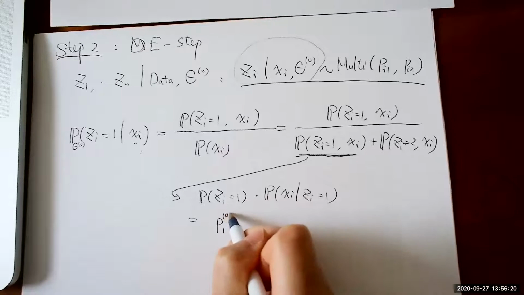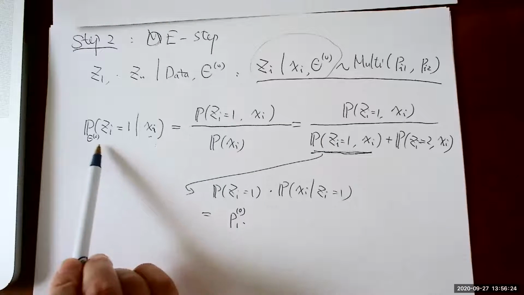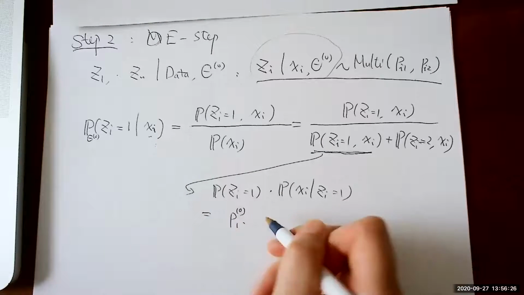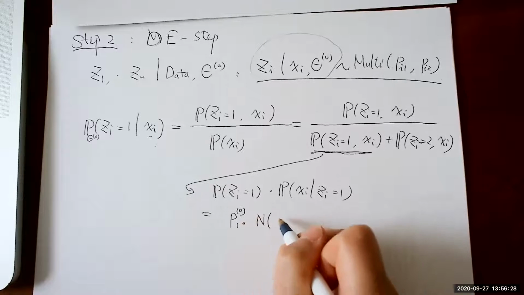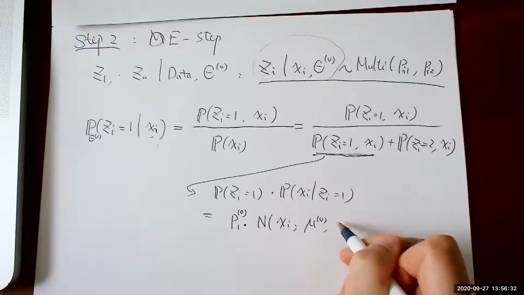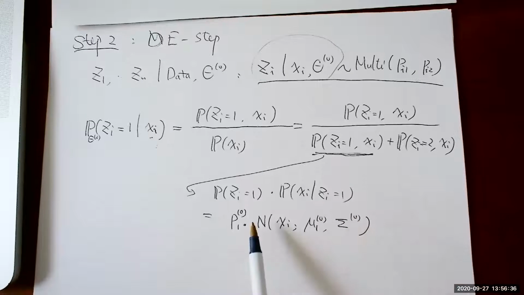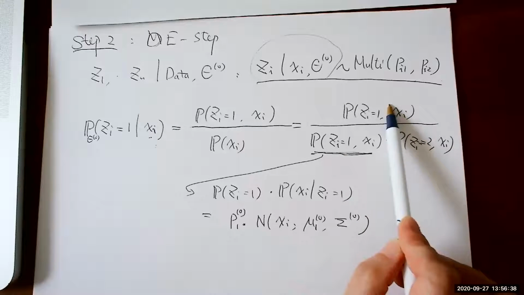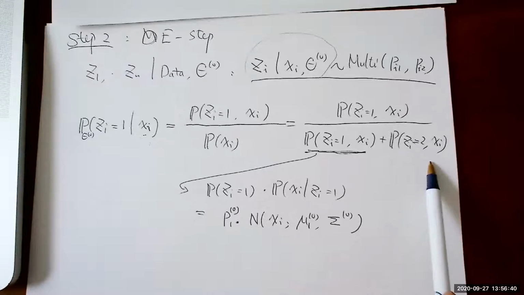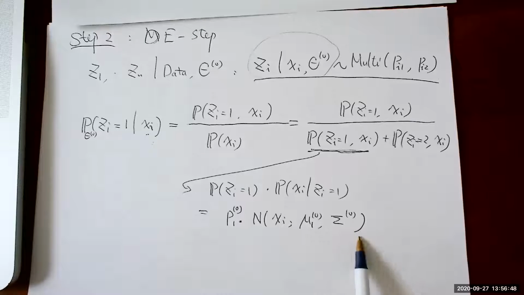Now, let me put a superscript 0 because those are determined by this initial estimate of the parameter, and times a normal density of xi with mu 0 and sigma 0. So this will be the term here, but for this other one, it's very similar. You just replace P1 by P2, replace mu1 by mu2, and sigma is the same.